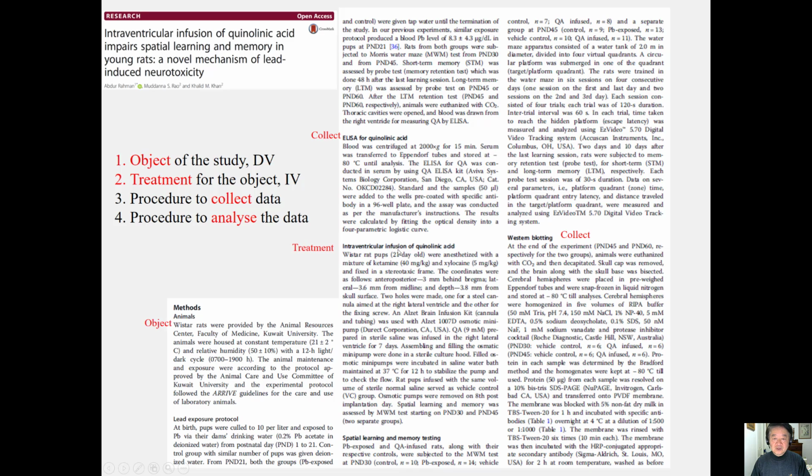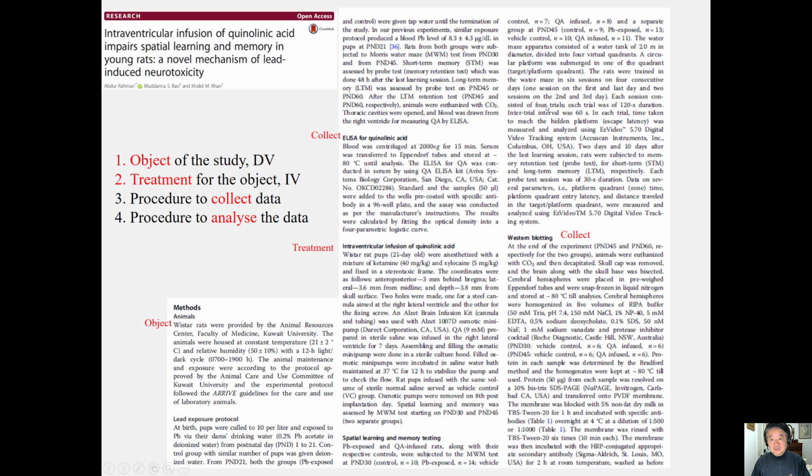They infused quinolinic acid into the intraventricular space. It's in the brain. That's how they infused it. This gives you the method. And now here's another method, which is how you measure learning and memory in rats.